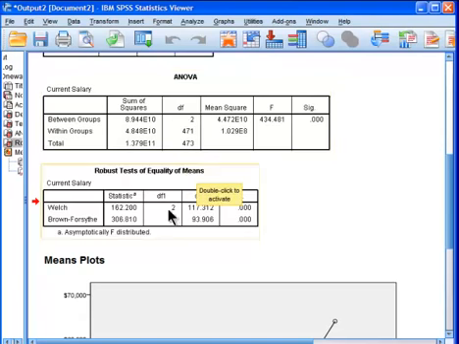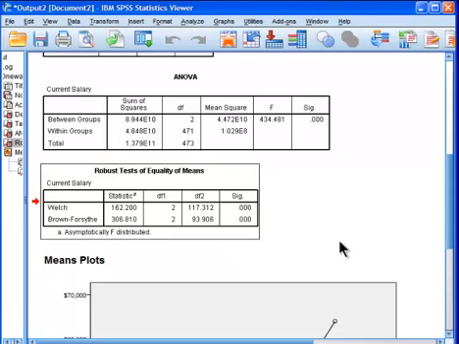The degrees of freedom in the denominator have been adjusted quite substantially. There are also other adjustments that take place in the Welch's test, but the vote of confidence here is that it's also p less than 0.001. SPSS doesn't give it to the fourth or fifth decimal place. I could adjust it here to get the significance level at some decimal place, but we'll just know that it's p less than 0.001.